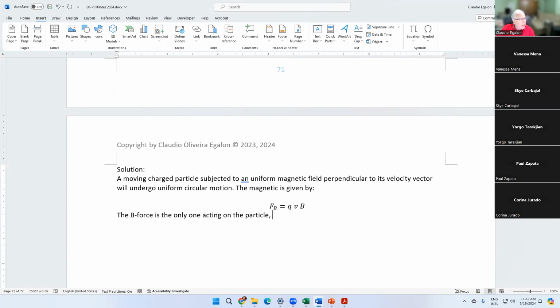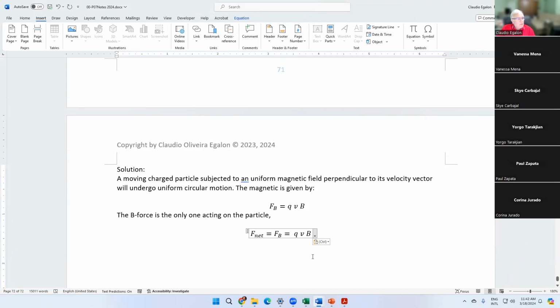Consequently, we can write down that the net force is equal to the magnetic force, and the magnetic force is given by QVB.